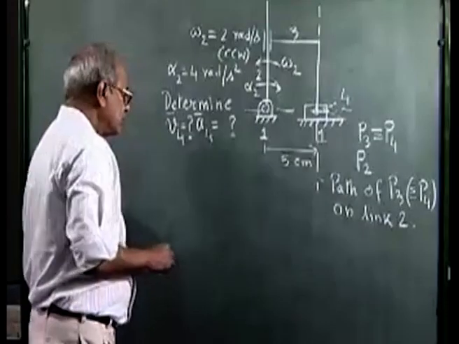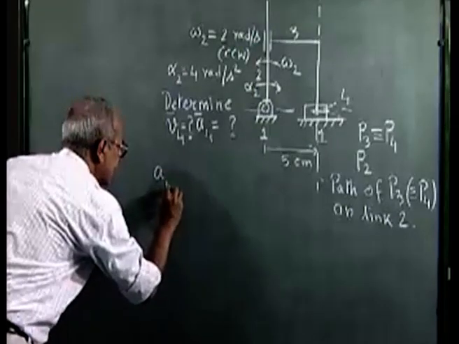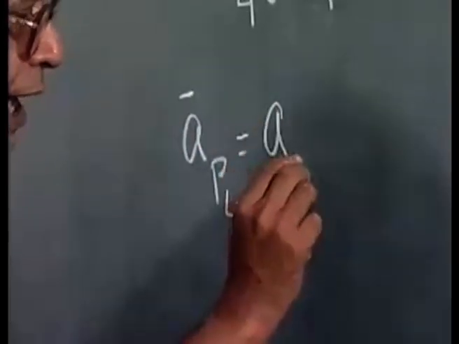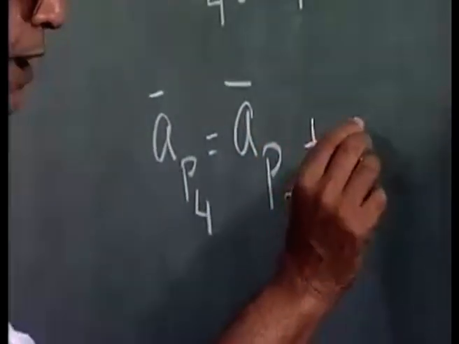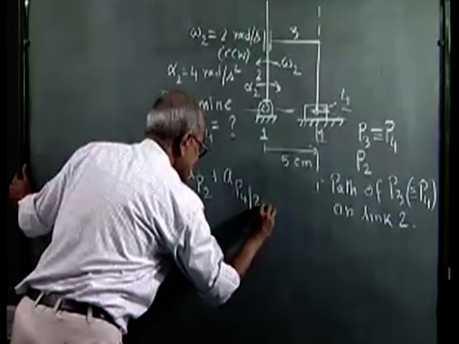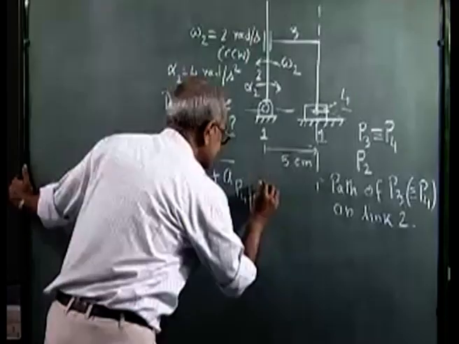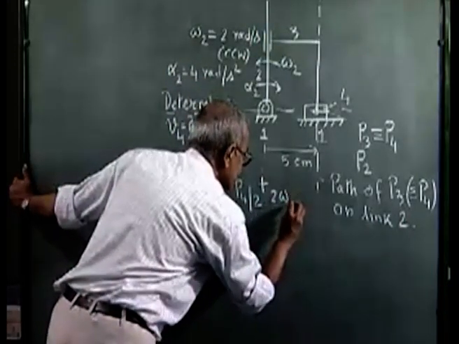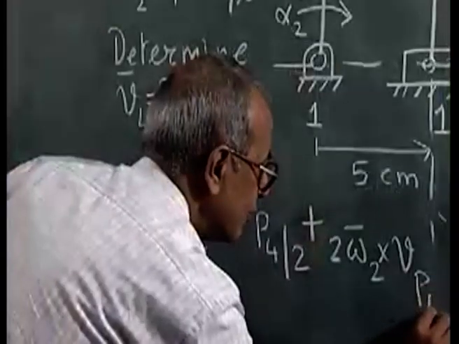To carry out the acceleration analysis, we write AP4 is AP2, that is the coincident point, plus AP4 as seen by an observer on 2, which I write as AP42, plus the Coriolis acceleration, which in this case is twice omega 2 cross Vp42.